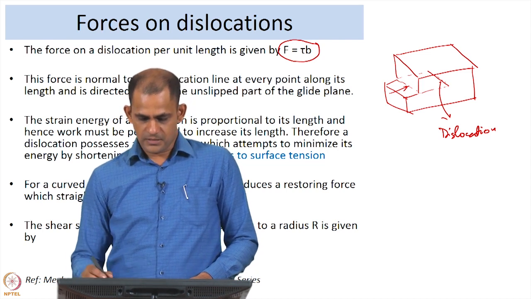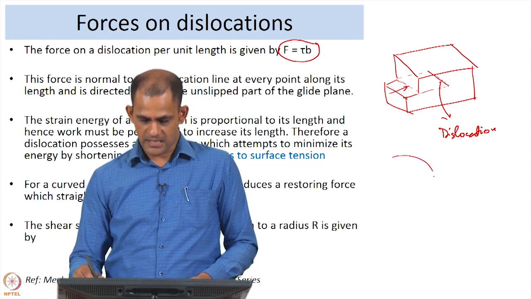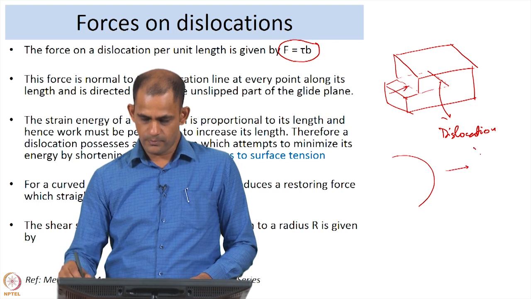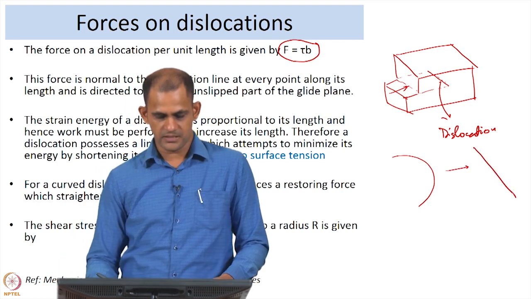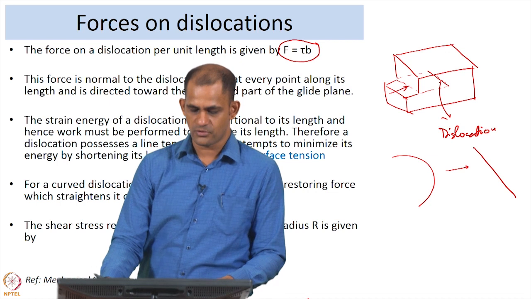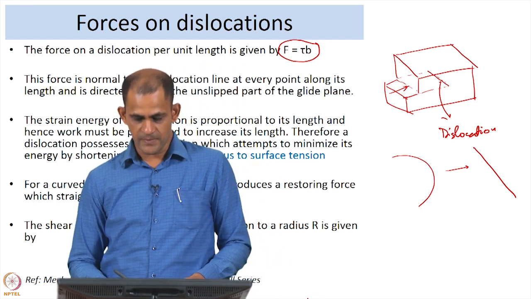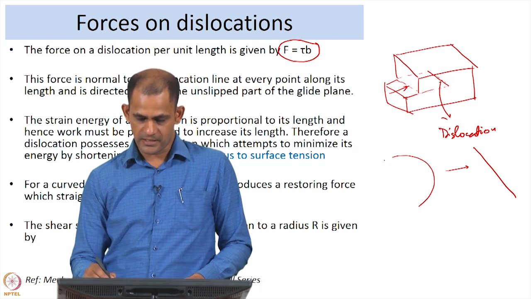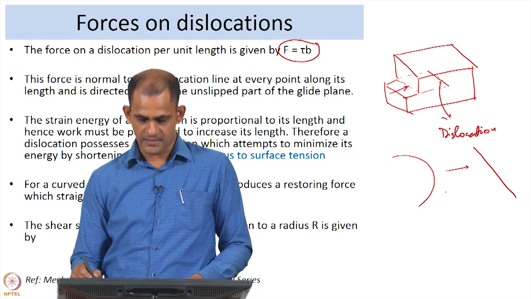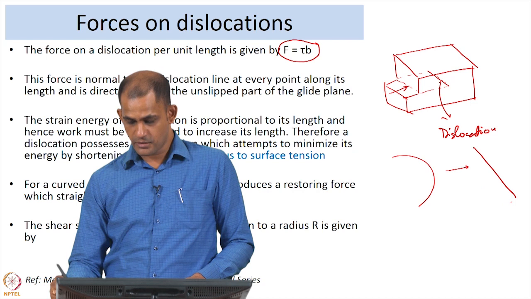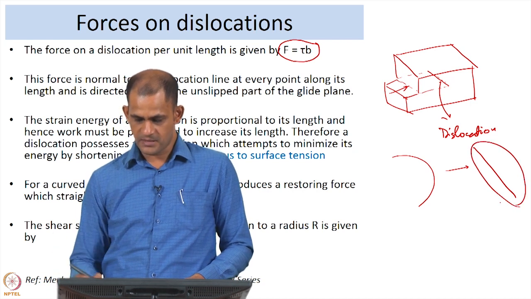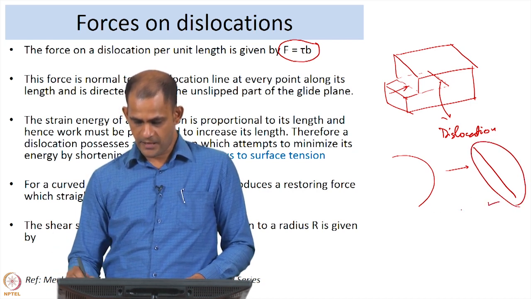So, a curved dislocation like that would actually prefer to be like that. For a curved dislocation, the line tension produces a restoring force which straightens it out, which means if you want to produce a curved dislocation of a certain radius, the dislocation prefers to be in this state and not in this state.